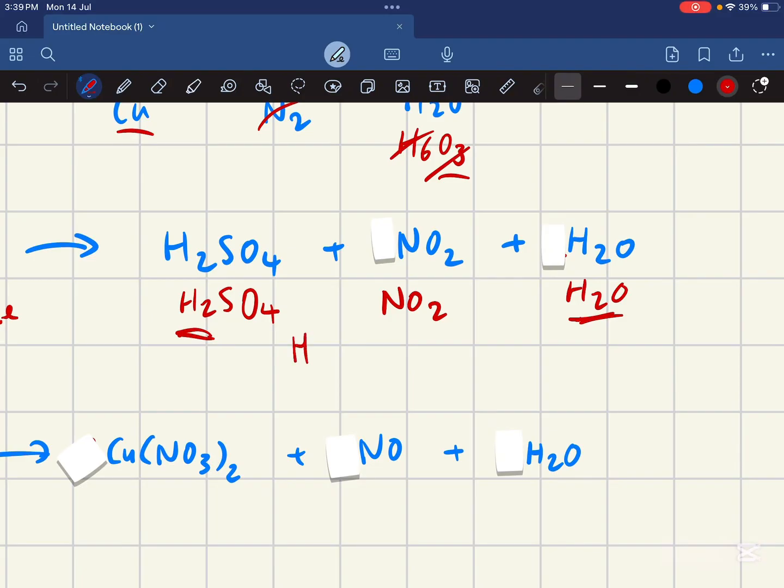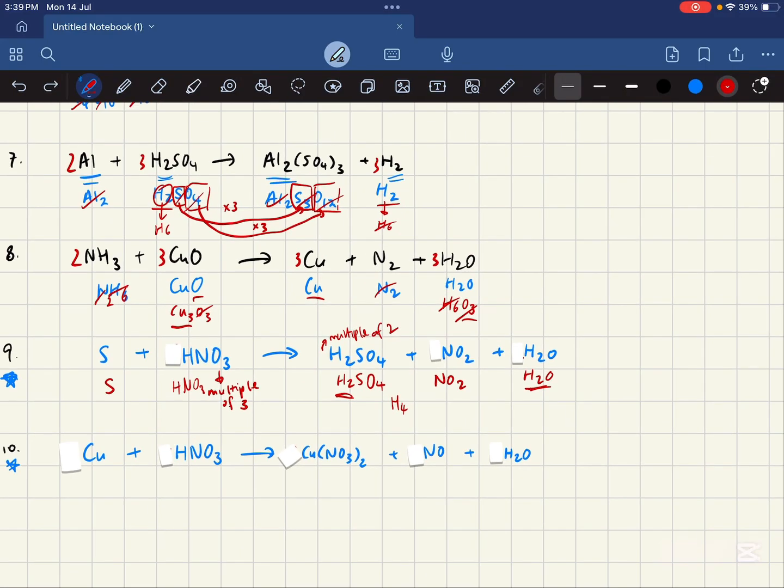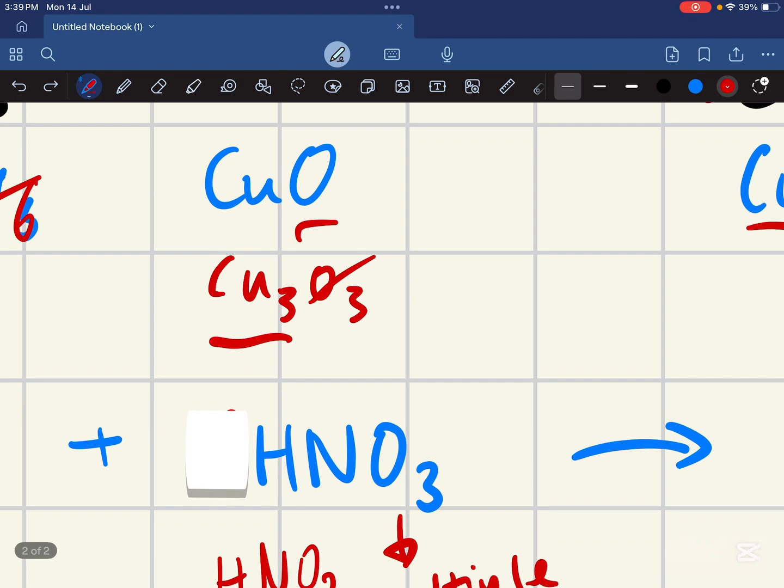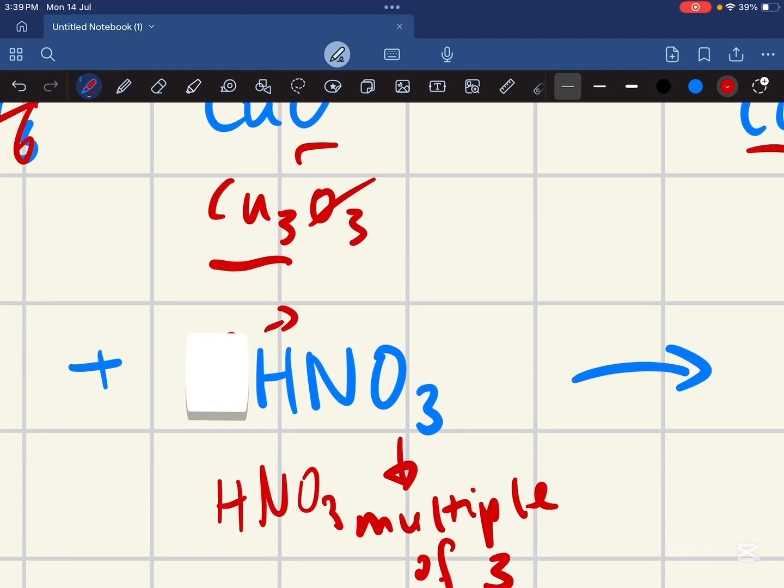This is a H4. Now here again, the number of H is always going to be a multiple of 2, because this is a multiple of 2, and this is a multiple of 2. So the number of H atoms is a multiple of 2, and so we can only multiply this really with multiples of 2.